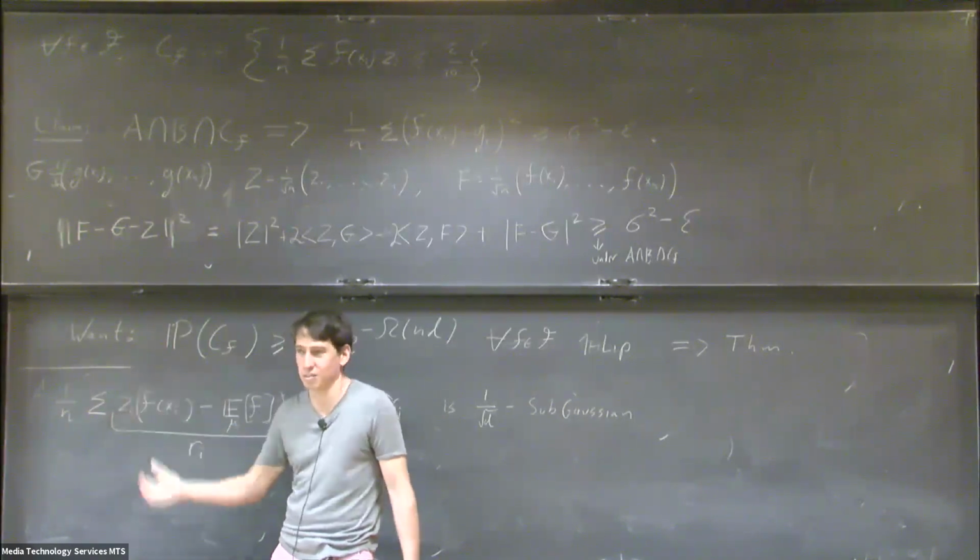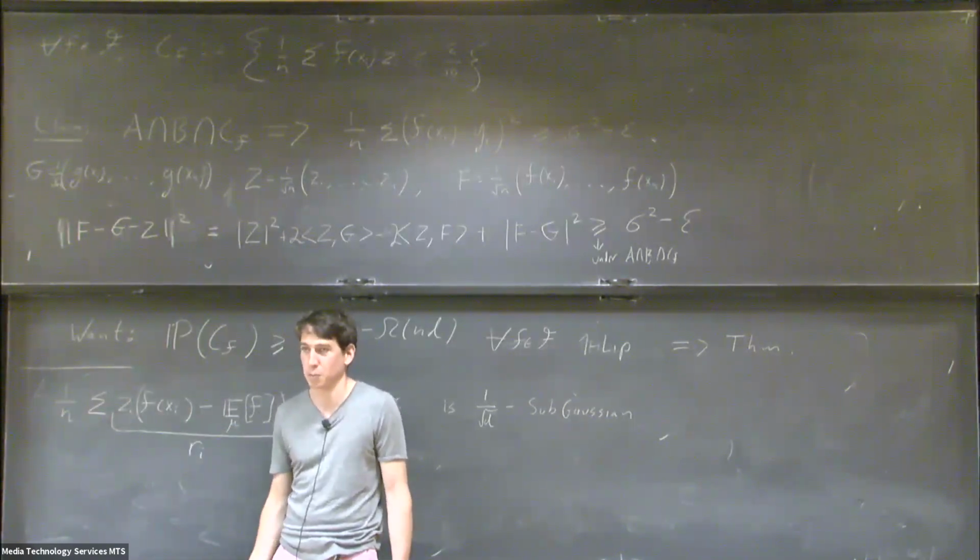But the zi doesn't do anything. It's bounded between -1 and 1.